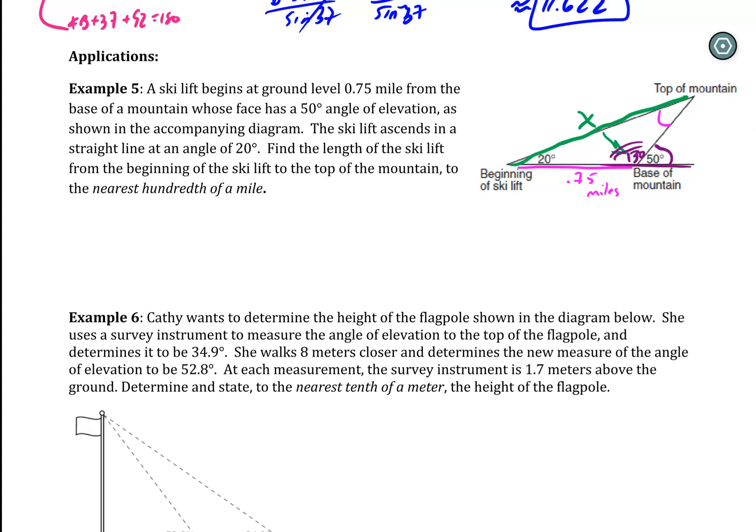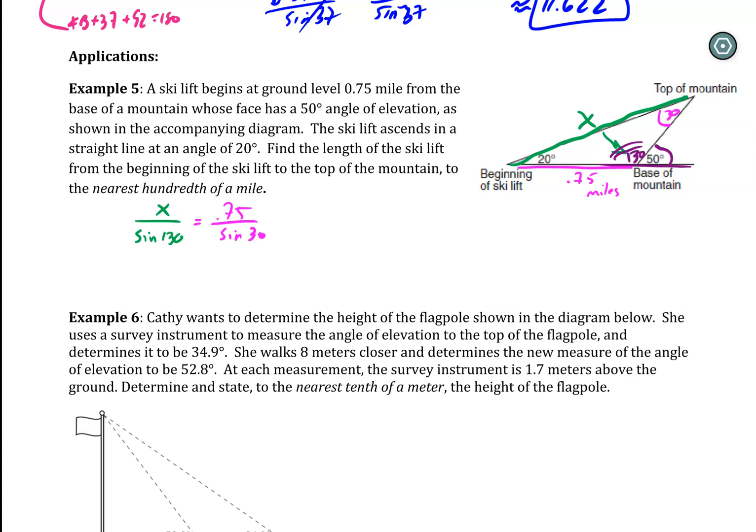So now that I know this is 130, I can say 20 plus 130 is 150, and 180 minus that makes this one 30 degrees. All right, so now I have angles and their opposite sides, so now I can make my law of sines proportion. So x over the sine of 130 has to equal 0.75 over the sine of 30.